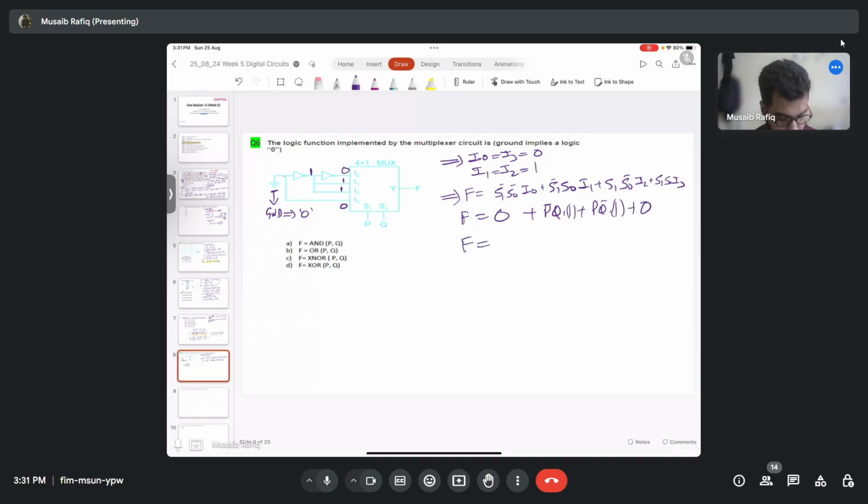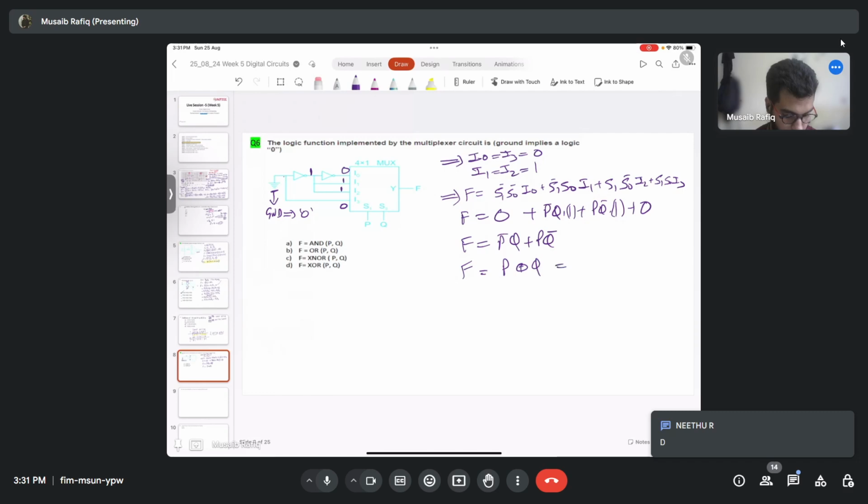So F is equal to P bar Q plus P Q bar. So you have seen this expression again and again. This represents P XOR Q. That is option D, right?